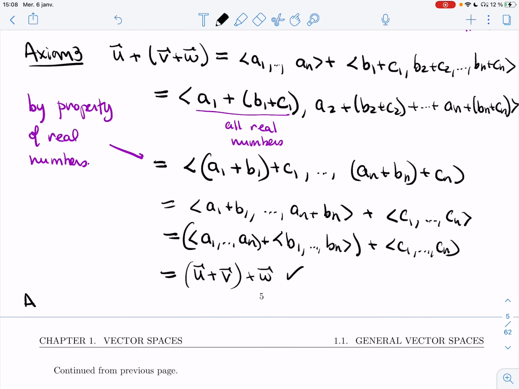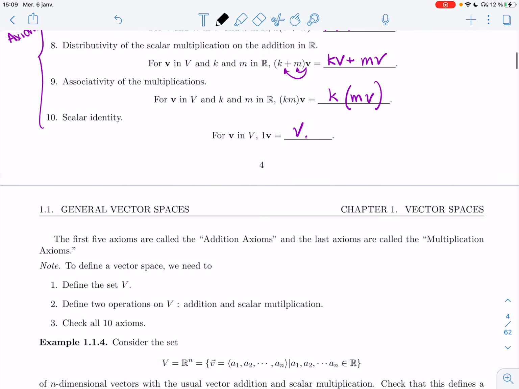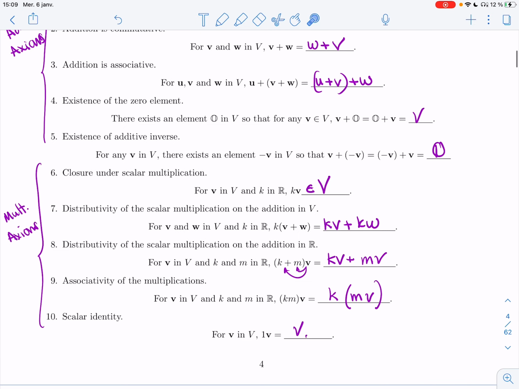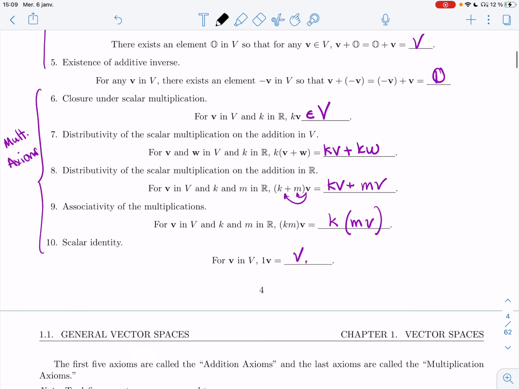Let's do axiom 4 right here. I'm sorry, I'm a bit tight on space. I have the whole next page, but I have a lot of axioms. All right, so in axiom 4, let's get back to that page. In axiom 4, I need to find a zero element. So I need to pick an element in V that doesn't change anything when you add it to your other elements.